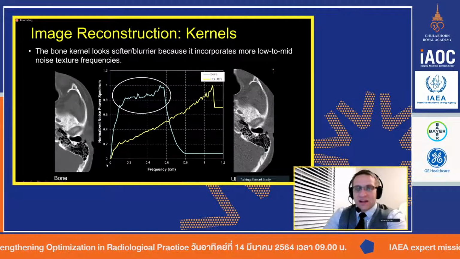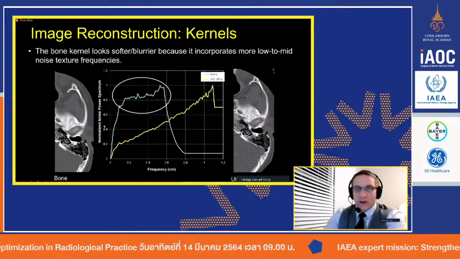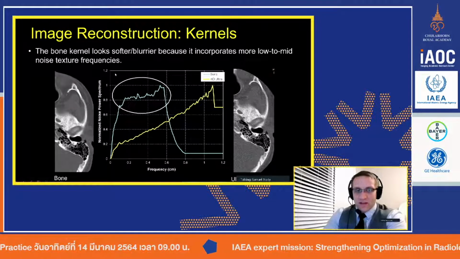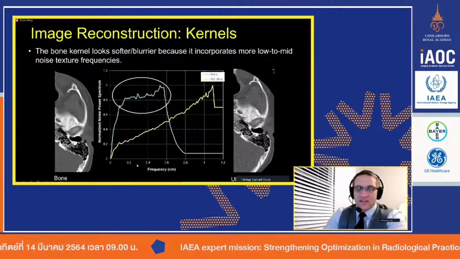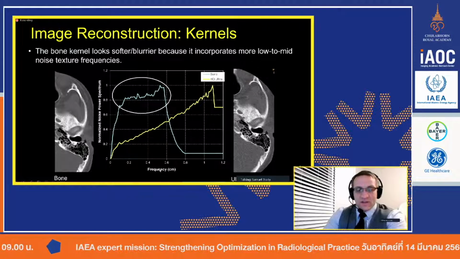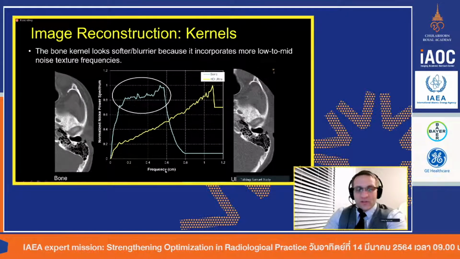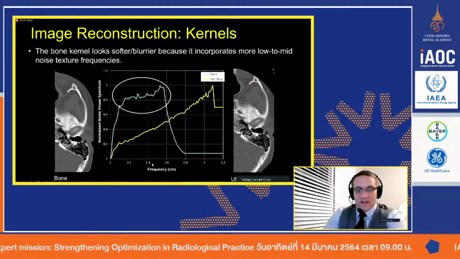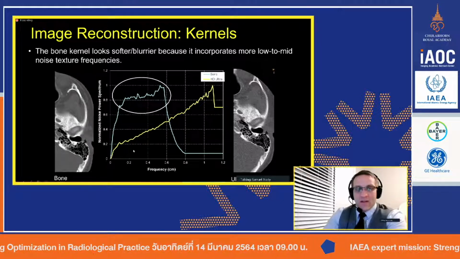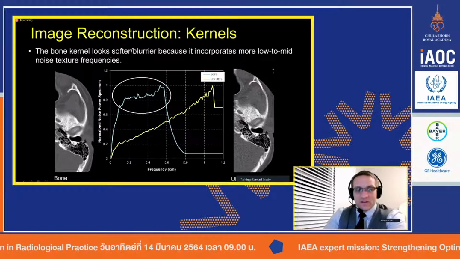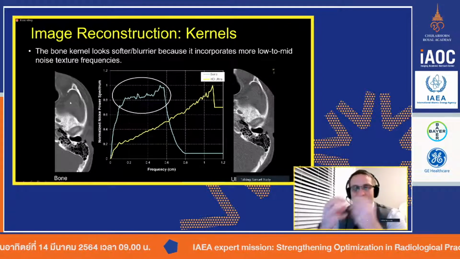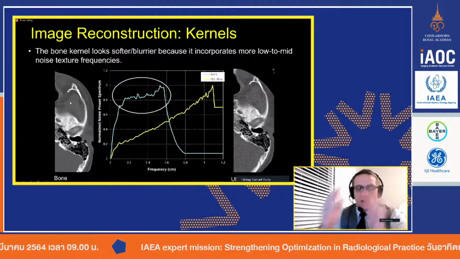The NPS allows us to look at the total amount of noise in the image, which is the amplitude, the number along the y-axis, and the texture of the noise that is presented to us, i.e. the frequency. And so a low frequency set of data, a curve that is centered on the low frequency side of the spectrum, will have softer noise and softer edges, and the noise itself will not appear as intense to the eye.